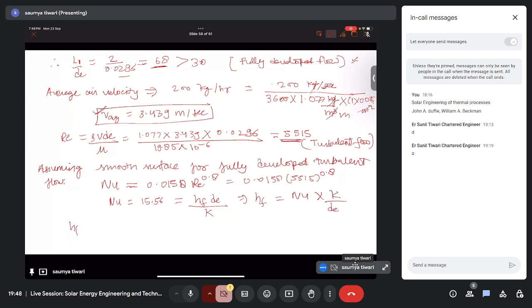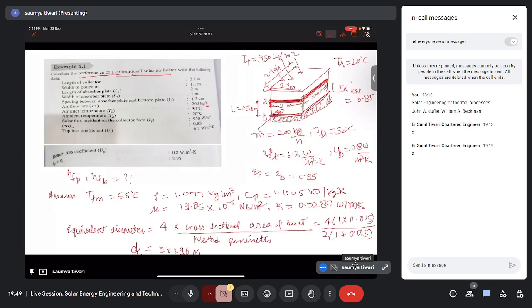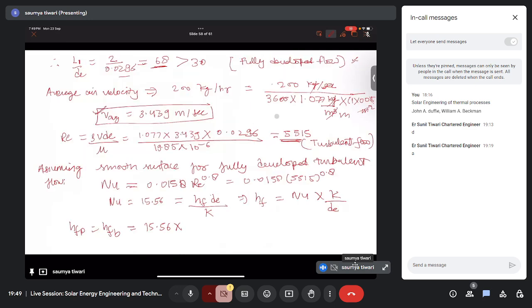So hf for your plate, or your back plate, will be the Nusselt number 15.56 into the thermal conductivity 0.0287 upon D, which is 0.0296. We get the value to be 15.08 watt per meter square per Kelvin.